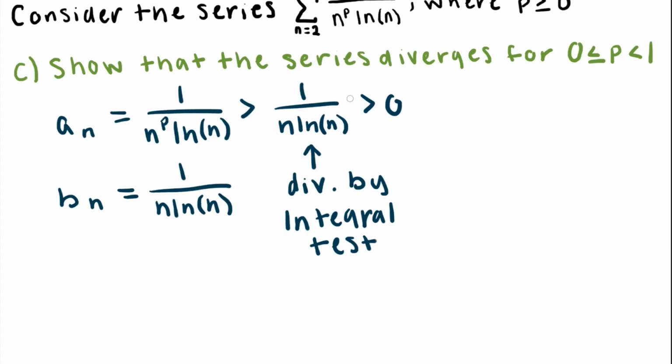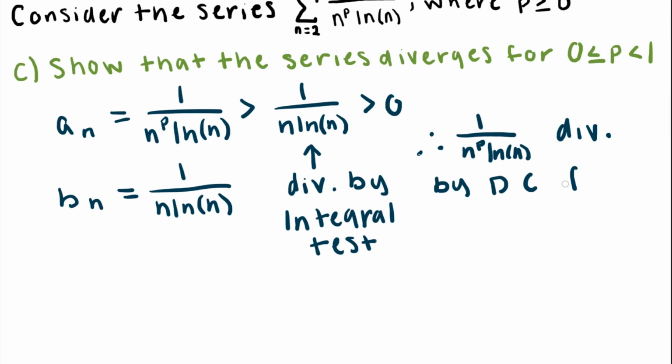Since our a of n is greater than our b of n, we can say that 1 over n to the p ln of n diverges by direct comparison for 0 less than or equal to p less than 1.